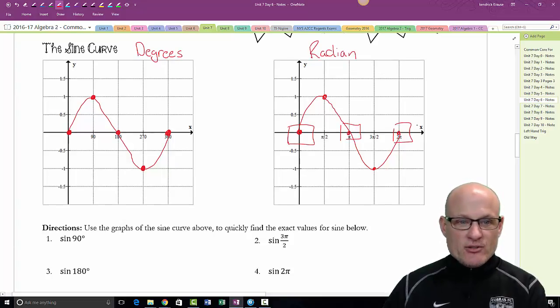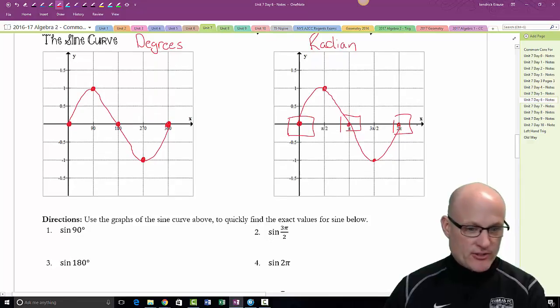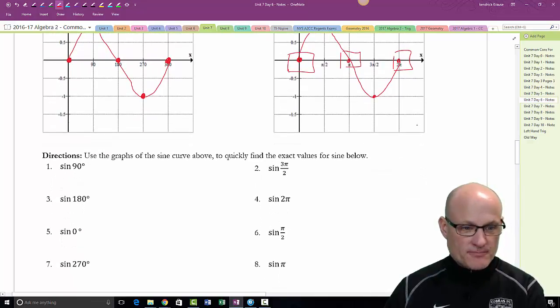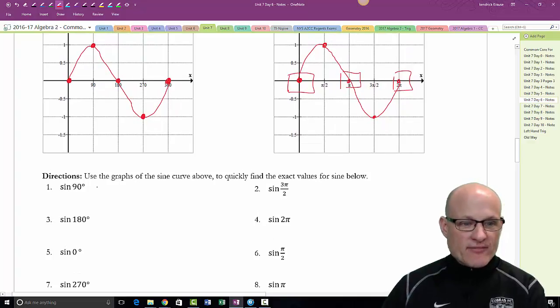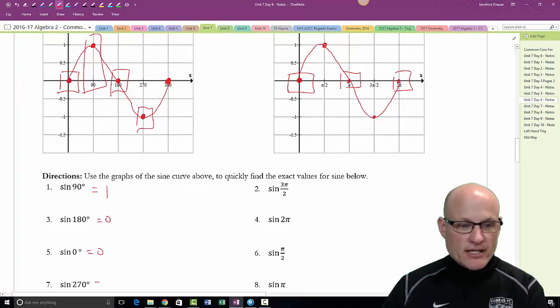So let's see. Can you use those two functions that I just drew up there to answer these questions below? Try to get them all on one screen. What is the sine of 90 degrees? 1. What is the sine of 180? 0. What is the sine of 0? 0. Sine of 270? Negative 1.